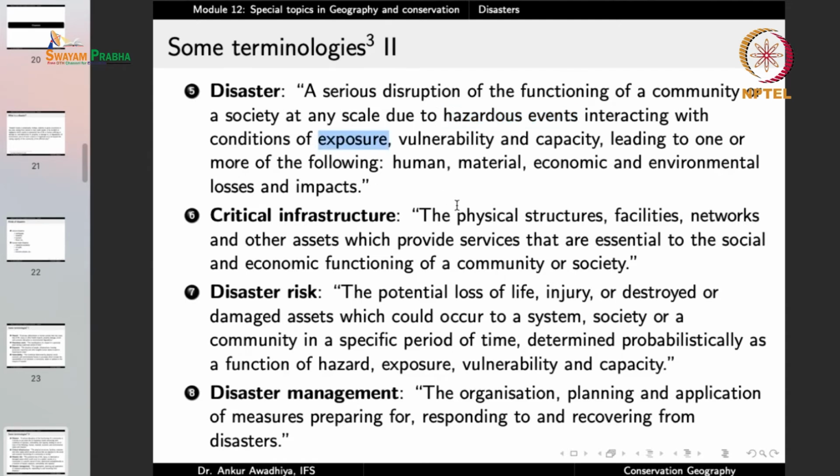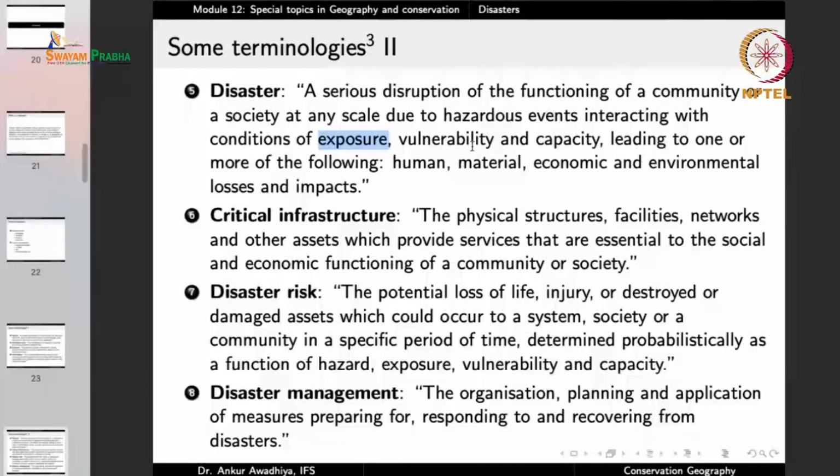Or we can reduce exposure. We can reduce exposure by, say, making laws that make it illegal to build housing in the flood prone area. So we create those situations where people are not exposed to the flood. So even if a flood happens, there are no people who live in that area, so that would reduce the exposure.